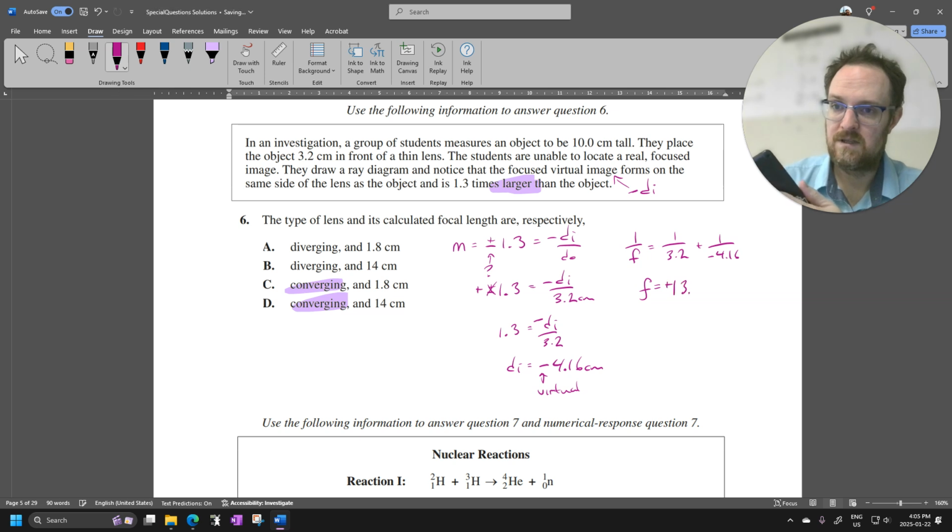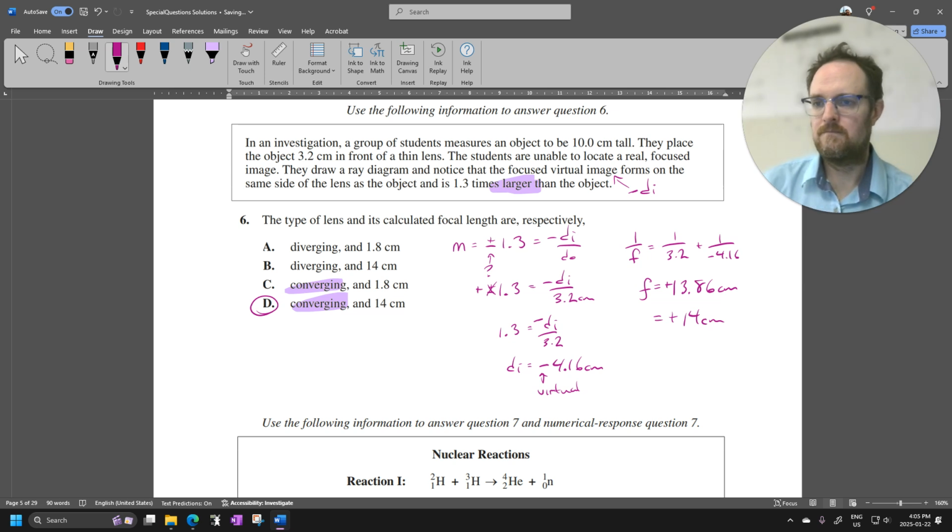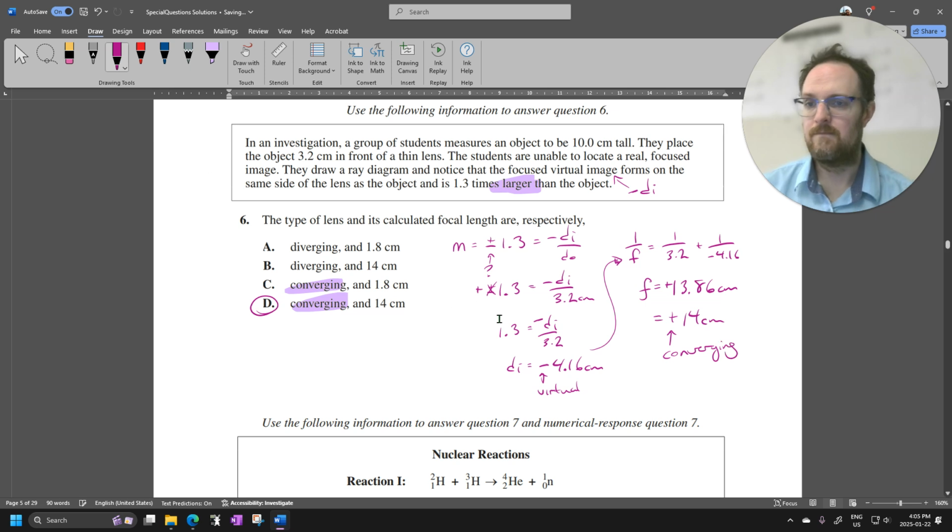Positive 13.86 centimeters, which is positive 14. So, there we go. All right, we knew it was converging already, but this also confirms converging. Cool.